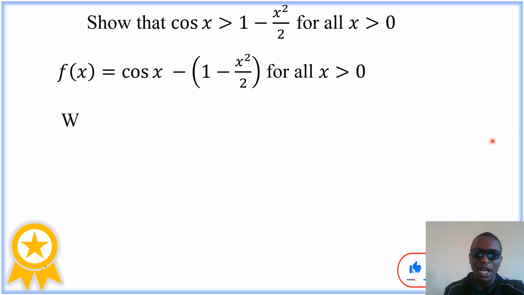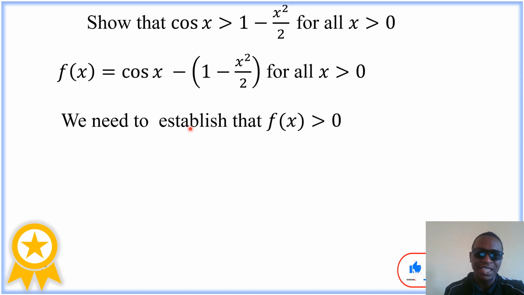Like I said, we have to establish that f of x is greater than 0, with 0 on the right hand side. If we can establish this relation, then the task is done.